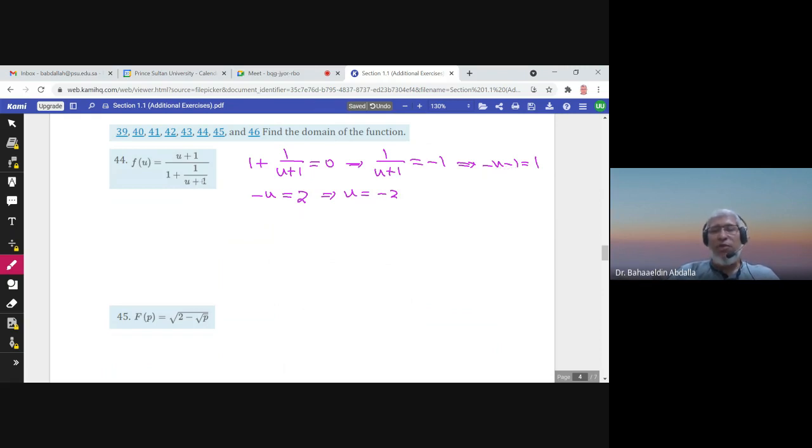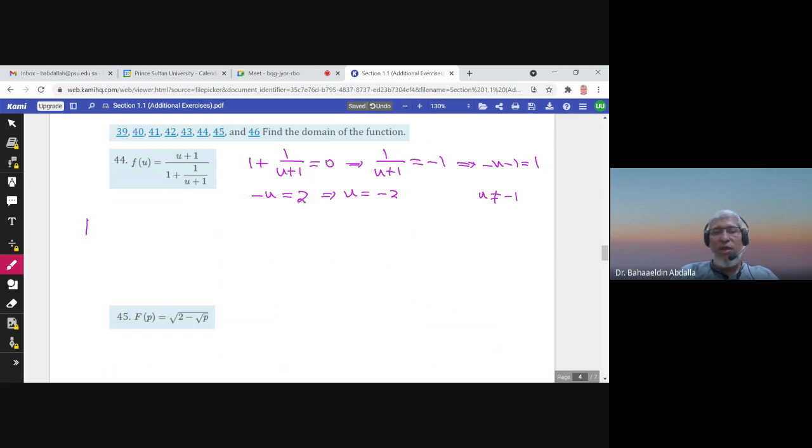So u cannot be negative 2 because if u is negative 2, then this denominator would be 0. If you replace u here by negative 2, you have negative 2 plus 1, negative 1, 1 over negative 1, negative 1, 1 minus 1 is 0. And also u cannot be equal to negative 1 because this denominator cannot be 0.